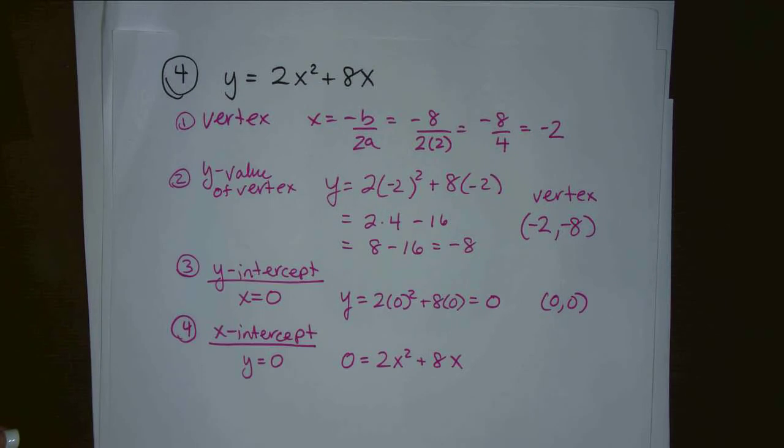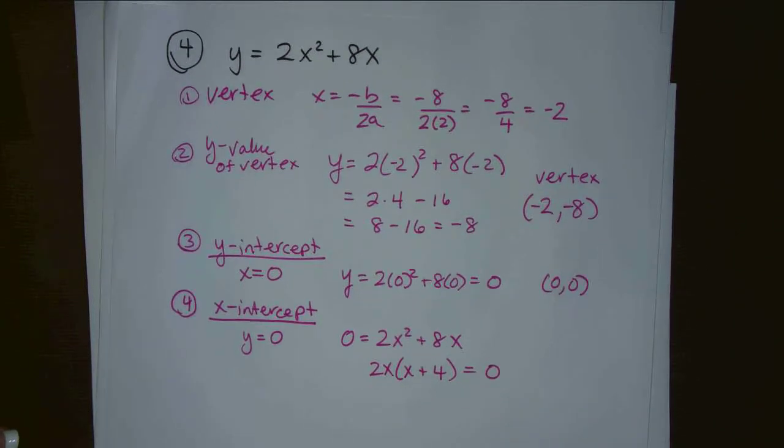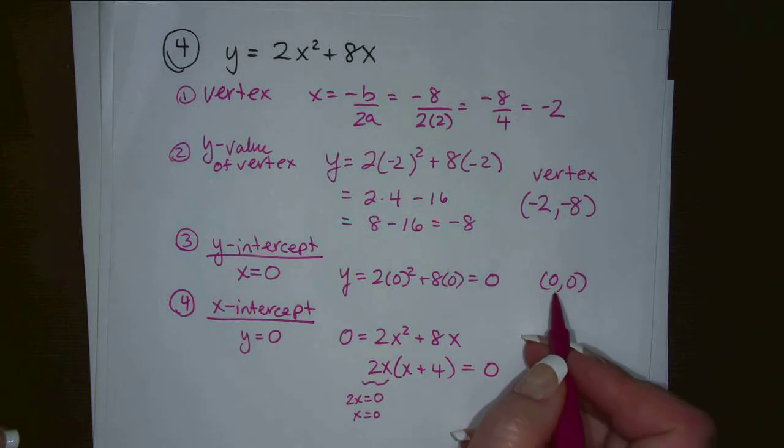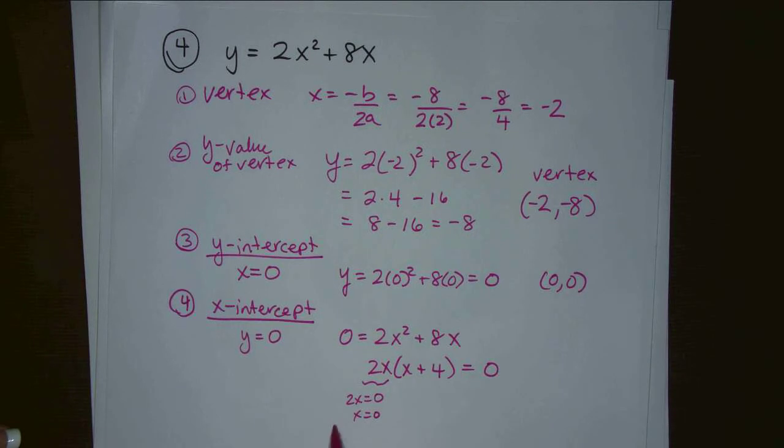Take out a 2x. I'll just put the 0 on the end instead of the start. So the 2x that equals 0 gives me 0. That's the point we already know, because that's both an x and a y-intercept if they're both zeros. So we already have this point.